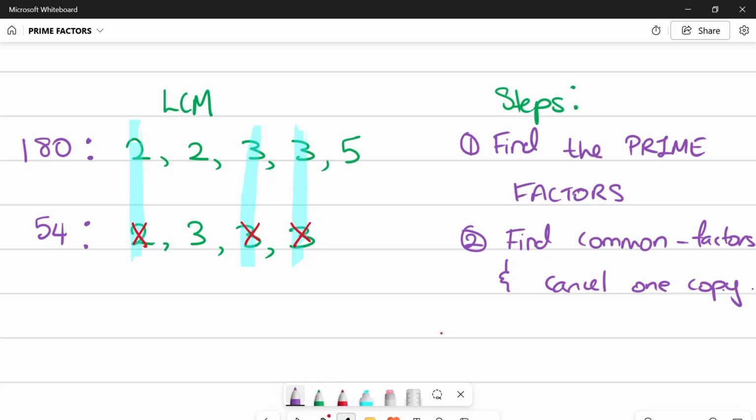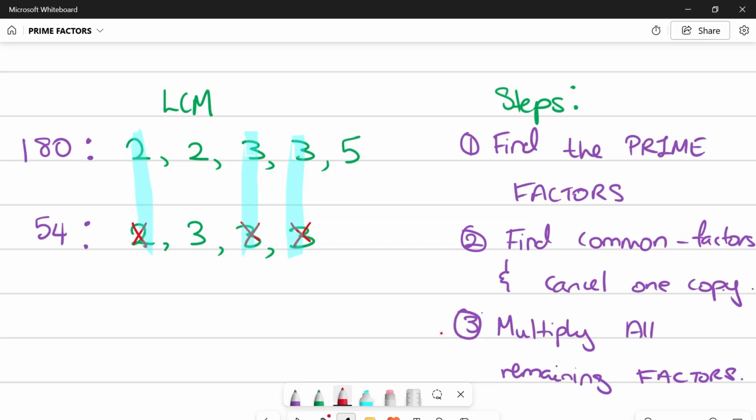The final step to finding the LCM of both numbers is to multiply all remaining factors. The remaining factors are 2, 2, 3, 3, 5, 3.